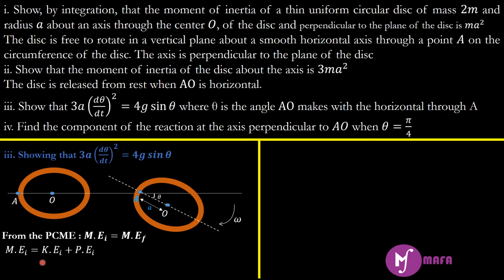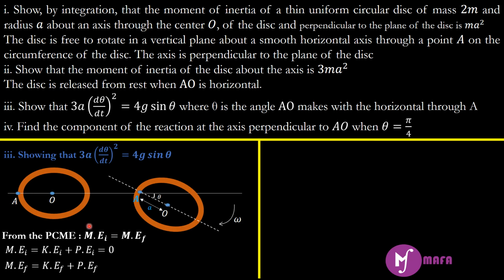So initially we need to sum the initial kinetic and potential energy of the system. Kinetic energy is half mv squared, but since initially it was not rotating, it is 0. The potential energy is mgh, where h is the distance of the center of mass of the system to the line of 0 potential energy, meaning the horizontal line. So it is also 0 because initially it was at rest.